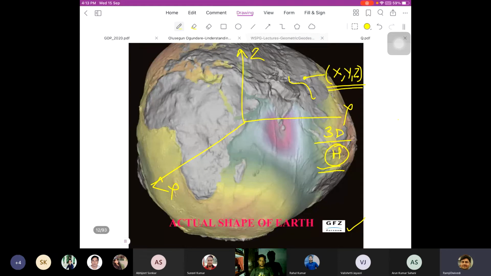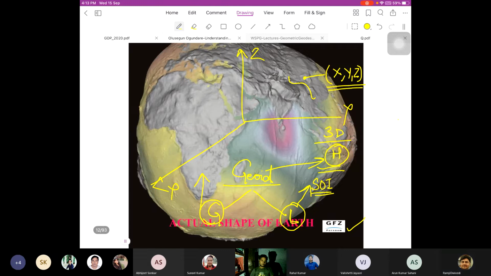That height is coming from an irregular surface, which we call geoid. But geoid can be of global nature as well as local nature. This global nature is presented here. Local geoid is presented by Survey of India, which is our authorized agency to present the height datum.